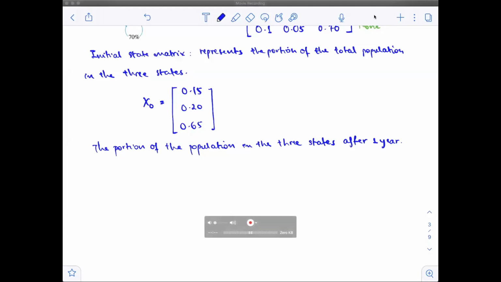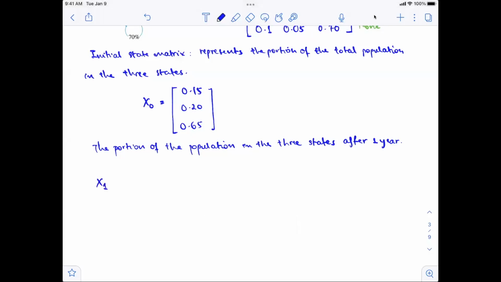What we are trying to do is calculate x sub 1, the portion of the population in the three states after 1 year. And it can be done by using the transition matrix, the stochastic matrix.